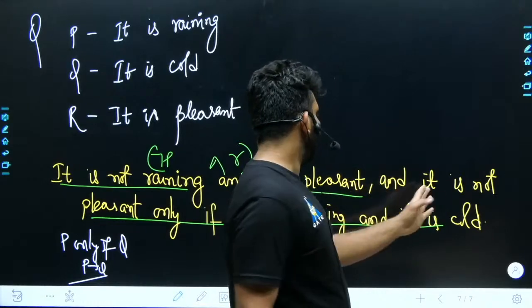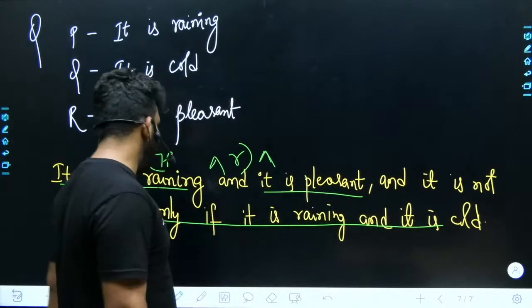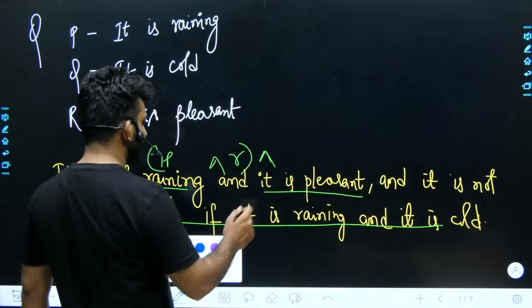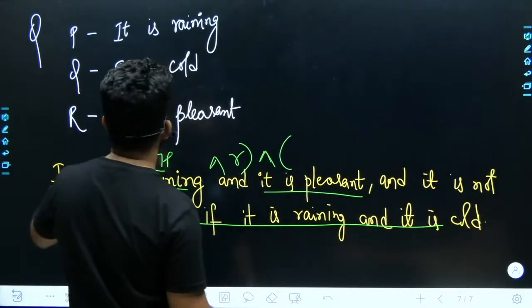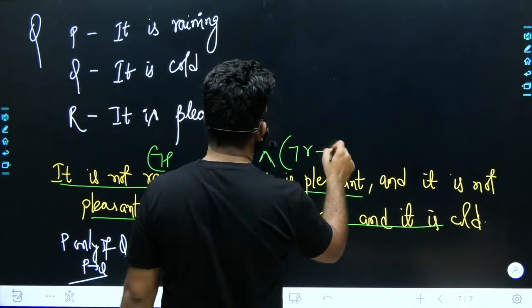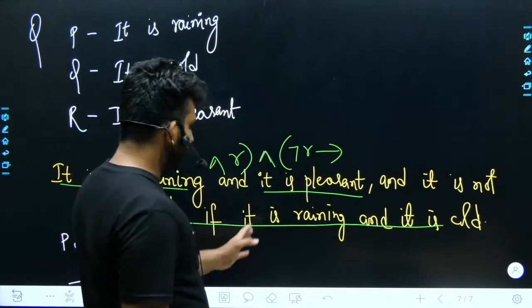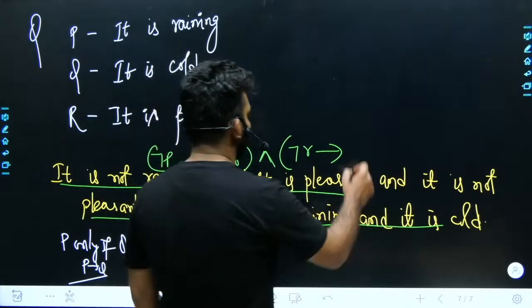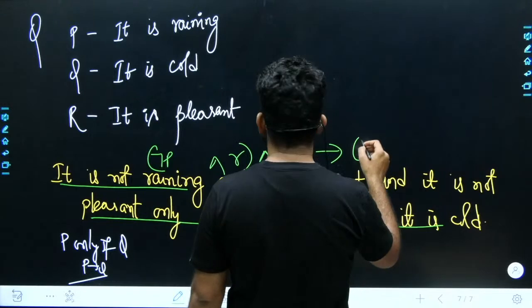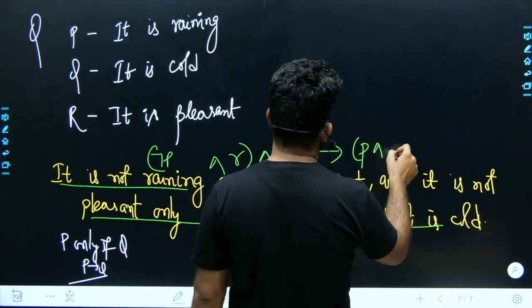And it is not pleasant only if. That means not pleasant is not R. Not R implies what? Only if it is raining and it is cold.